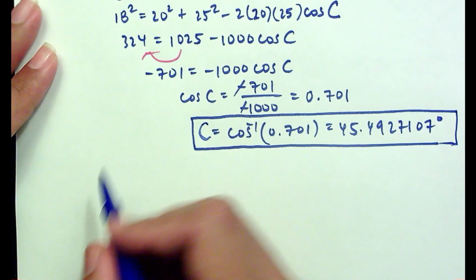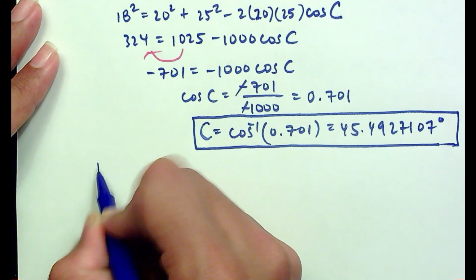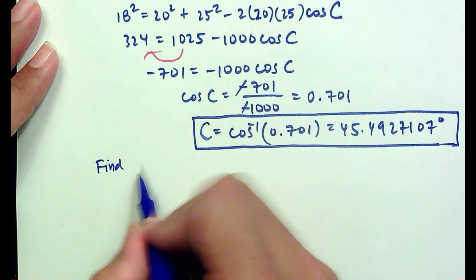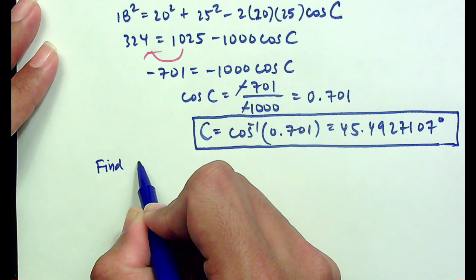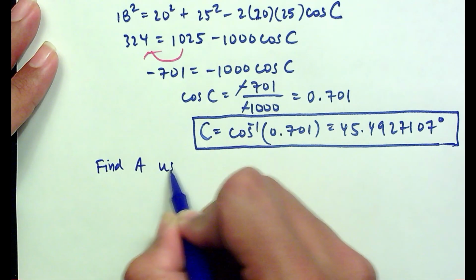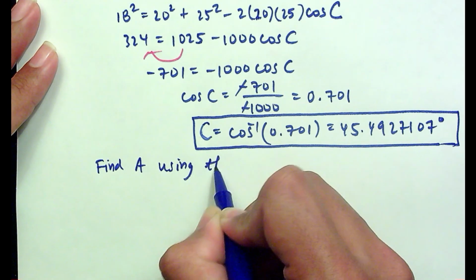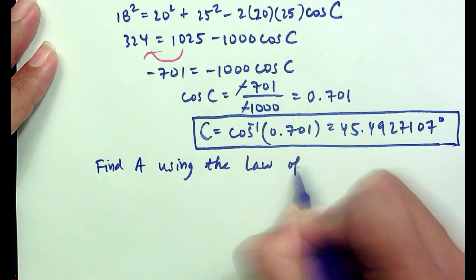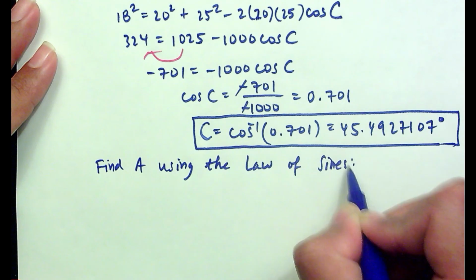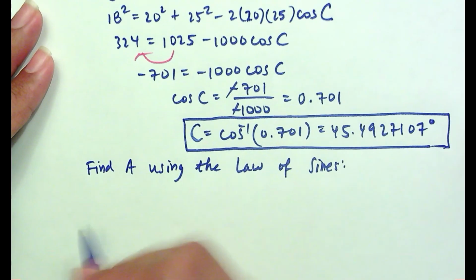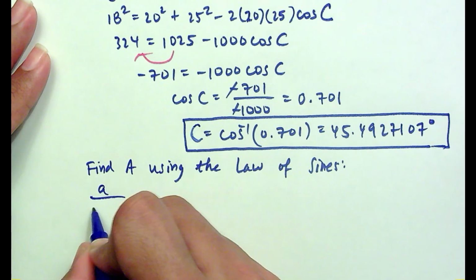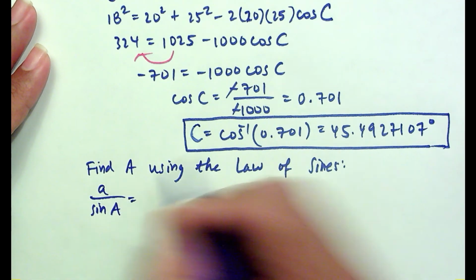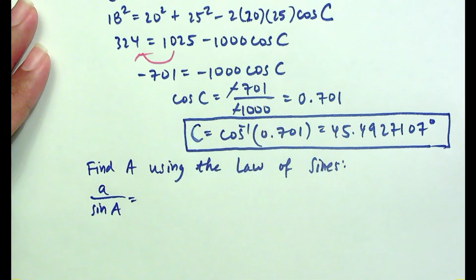So now we're going to find capital A using the law of sines. Just for a change, you can use the law of cosines again. Okay, you would get little a over sine of capital A. So that's one pair of the side and its opposite angle.